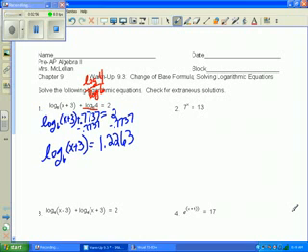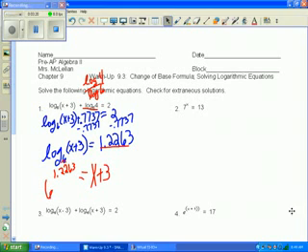Yes, you rearrange it as an exponent, which means 6 to the 1.2263 power equals x plus 3.